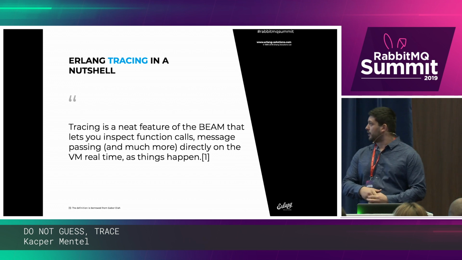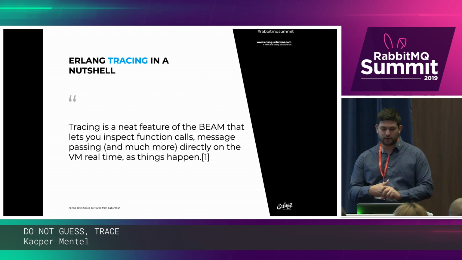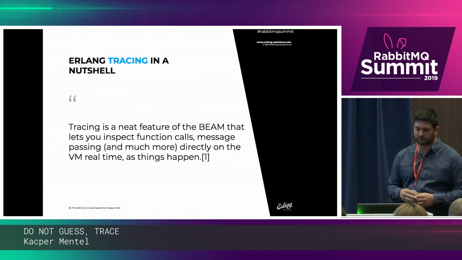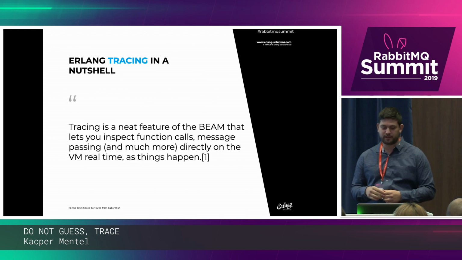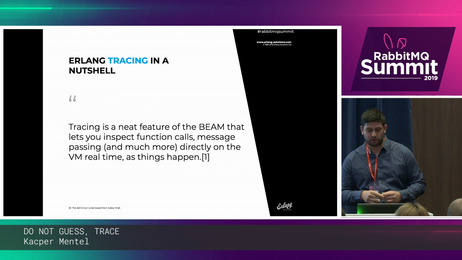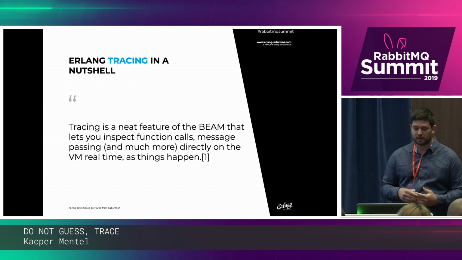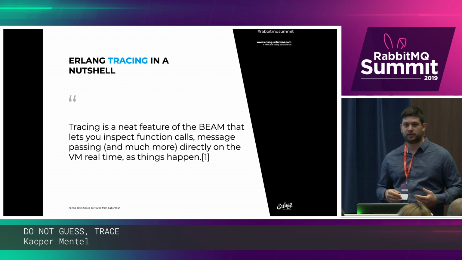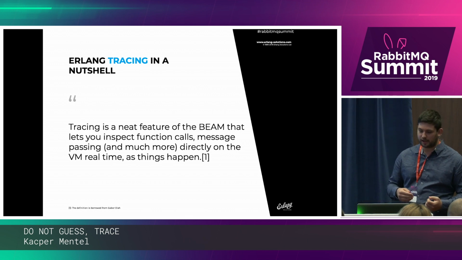So what is Erlang tracing? Tracing is a neat feature of the BEAM that lets you inspect function calls and message passing directly on the VM in real time as things happen. But what does it look like in practice? So in practice, you can attach an Erlang remote shell to a running Erlang node.